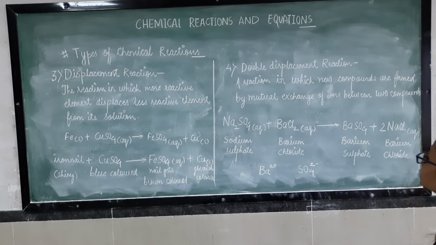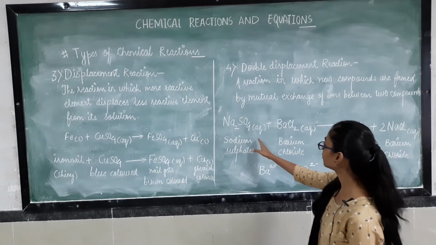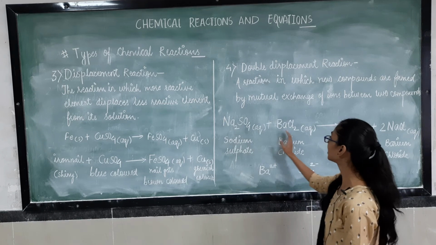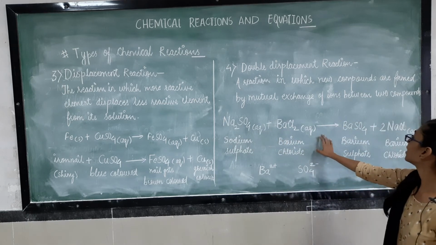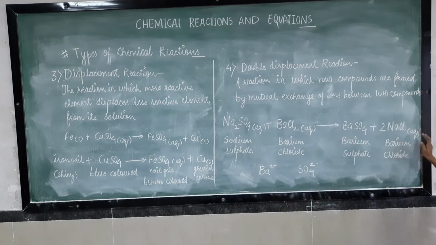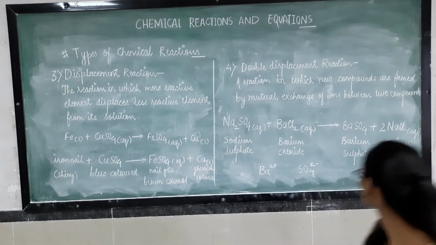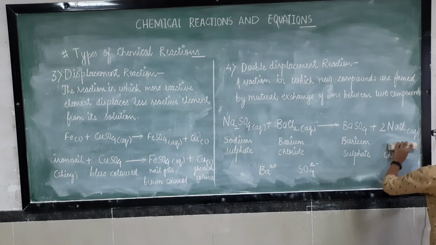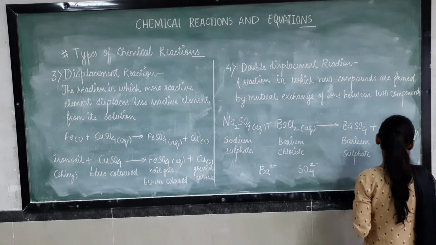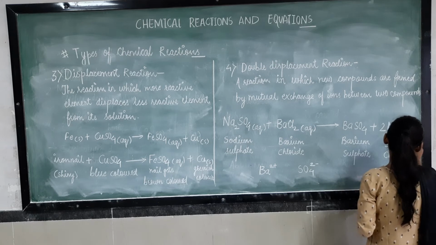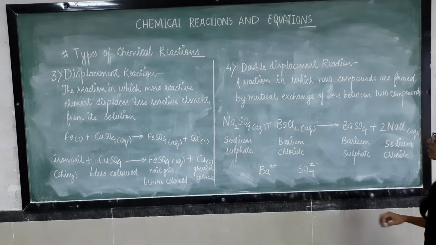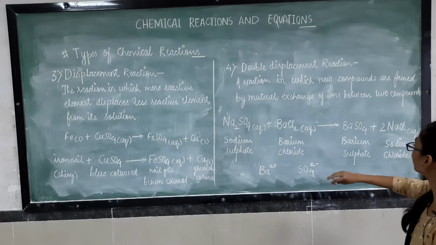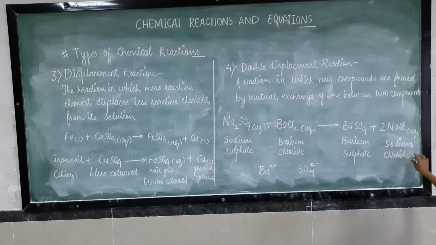So here we will see the example of sodium sulfate. Sodium sulfate, when it reacts with barium chloride, forms barium sulfate and, sorry, here I have written barium chloride, here it is sodium chloride. So when sodium sulfate reacts with barium chloride, it forms barium sulfate and sodium chloride.